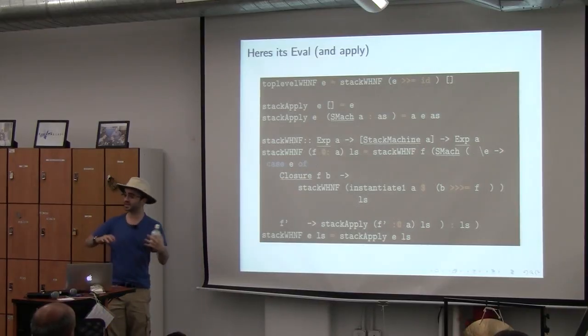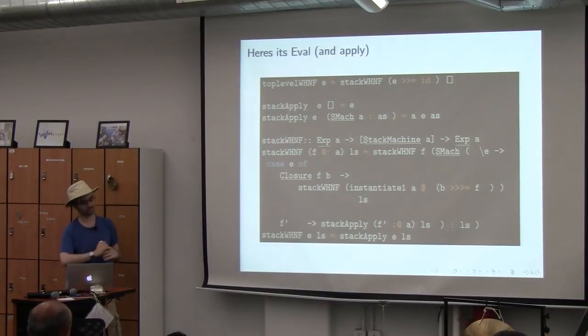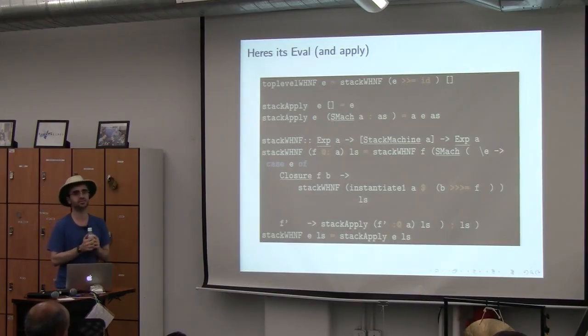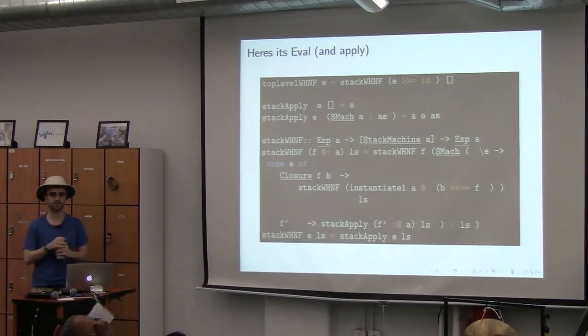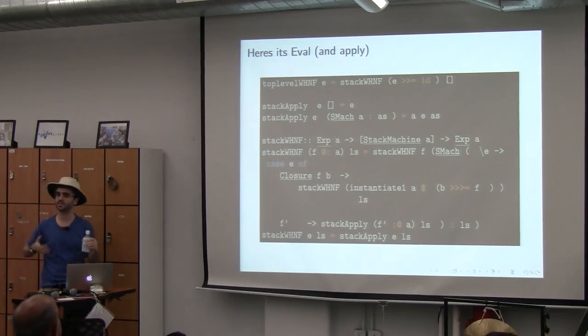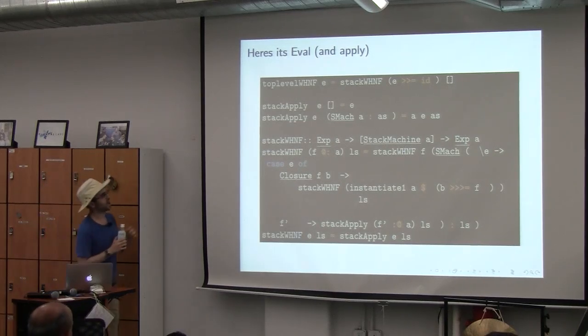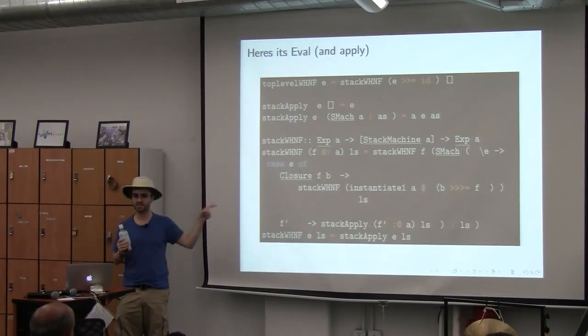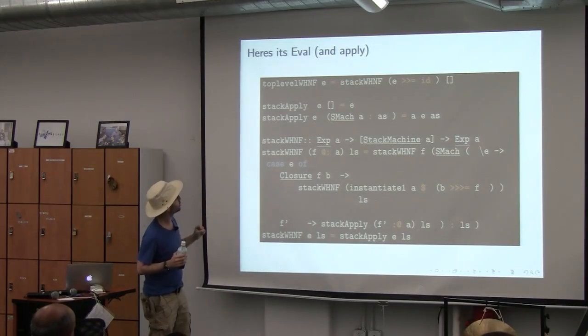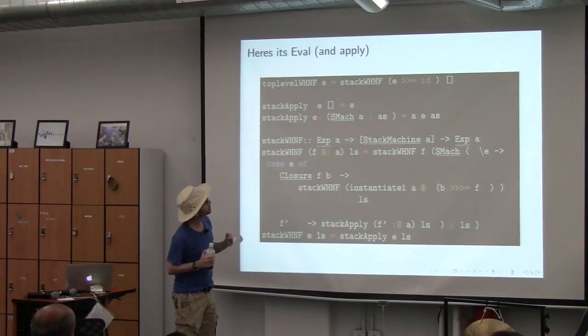If you read any PLT papers that talk about the evaluation strategy of their languages, you'll see big step operational semantics with contexts. And I'm just making that context explicit as a little function. Now let's look at the eval part, or the normalizer.